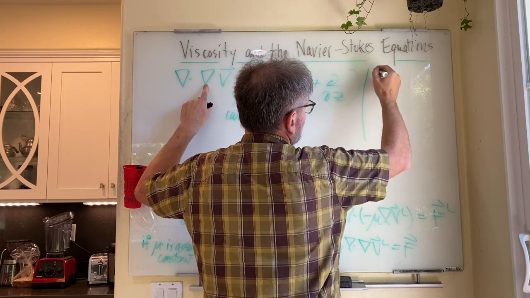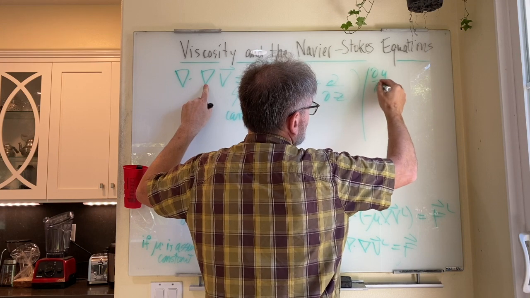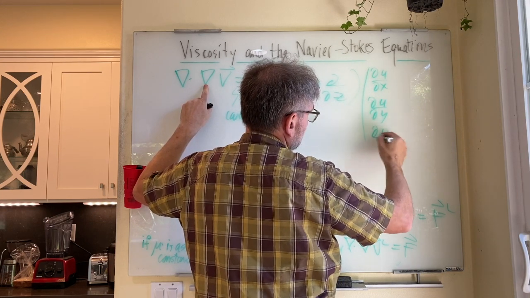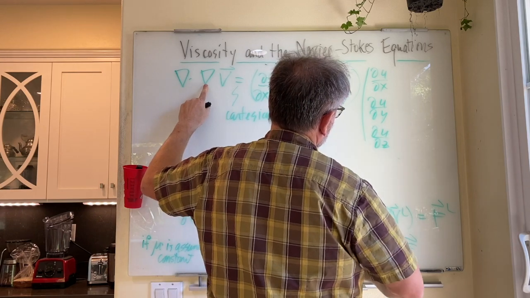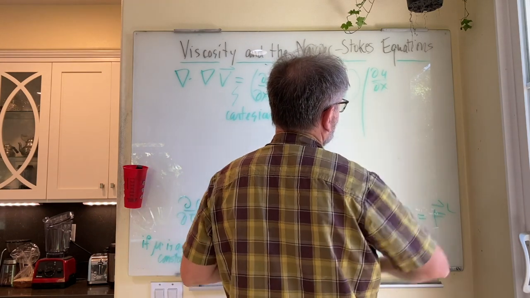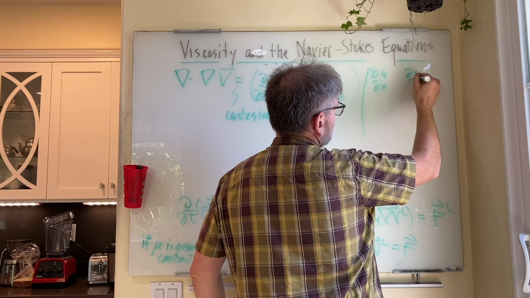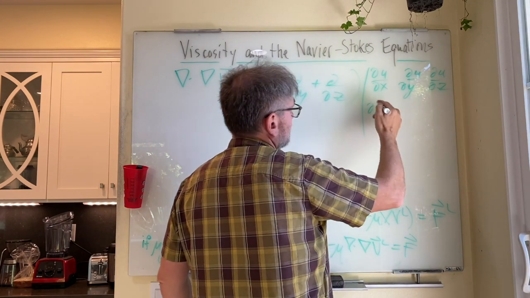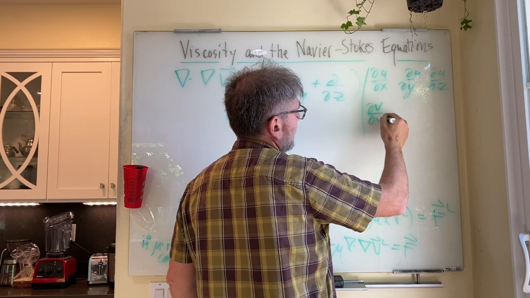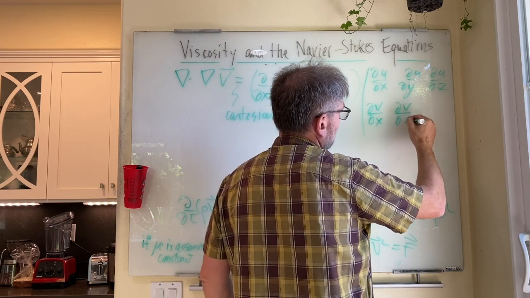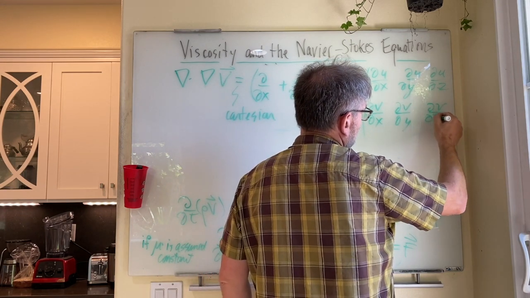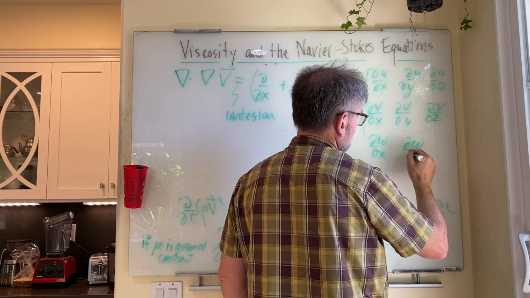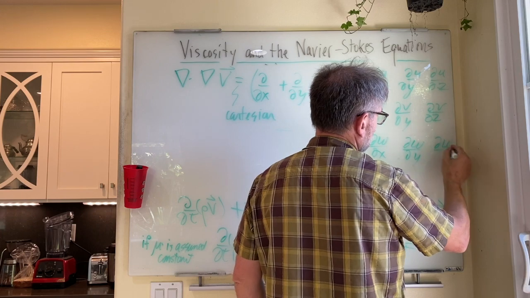So I'll have du dx, du dy, du dz, dv dx, dv dy, dv dz, and dw dx, dw dy, dw dz.